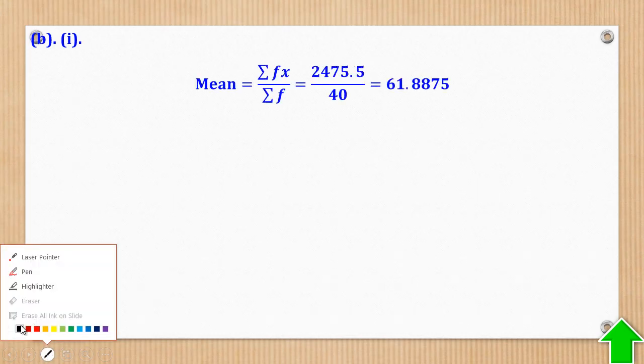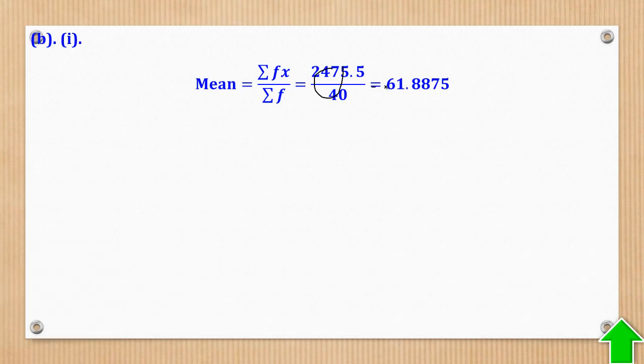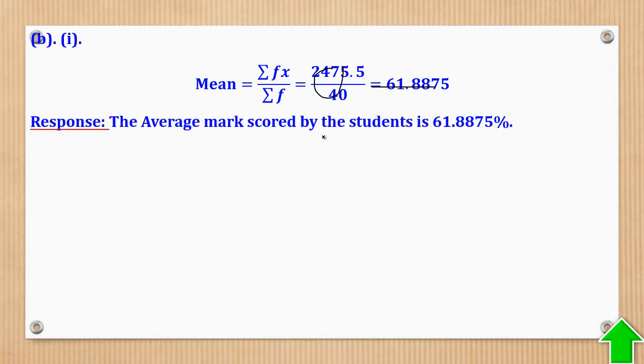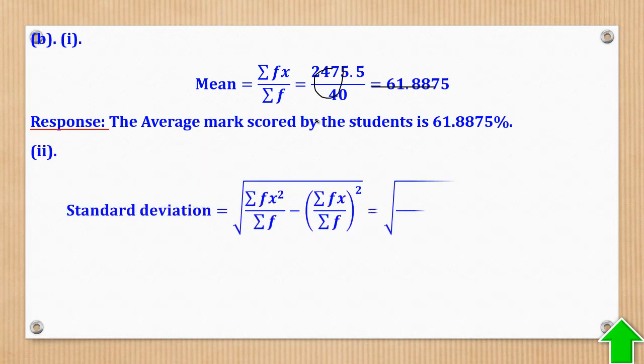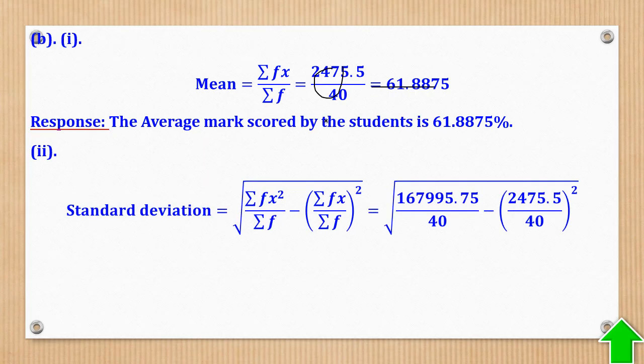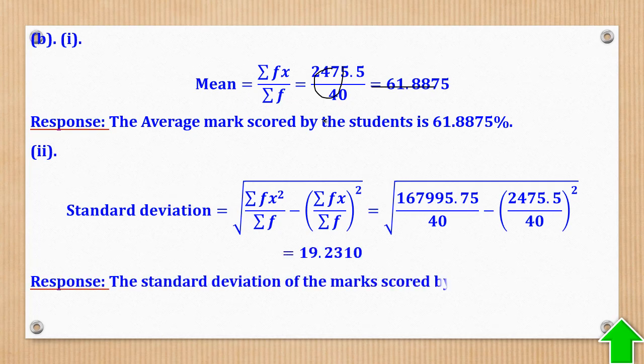So mean is summation fx over f, substitute and get the answer. Give a response of what you are calculating. Then also standard deviation, quote the formula correctly, substitute and get the answer. Then give a response of what you are calculating. And that is all.